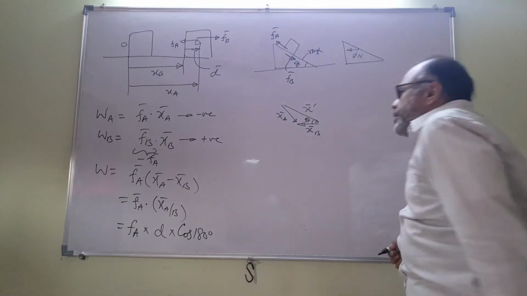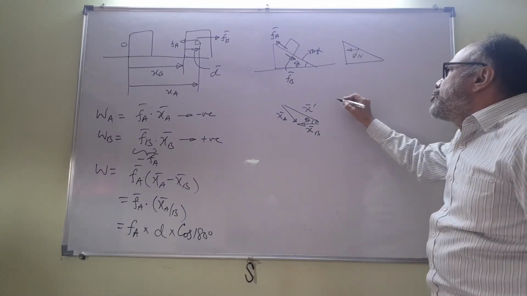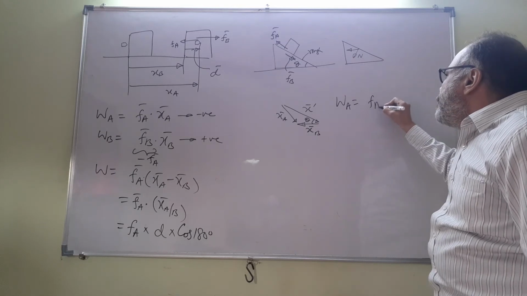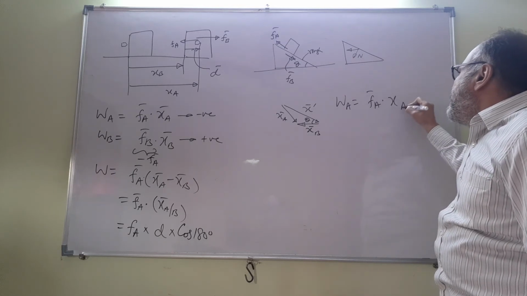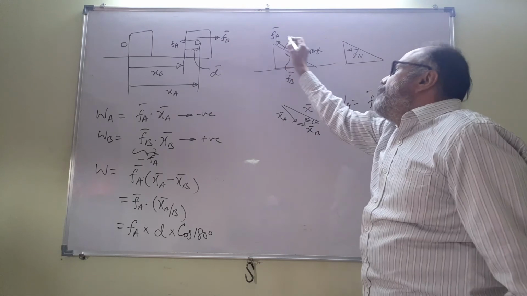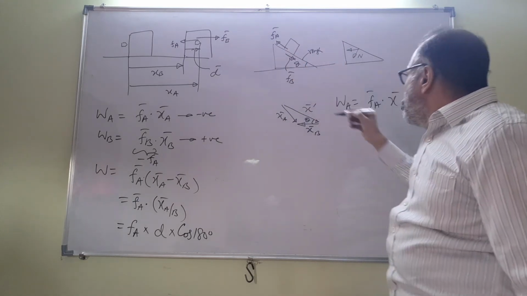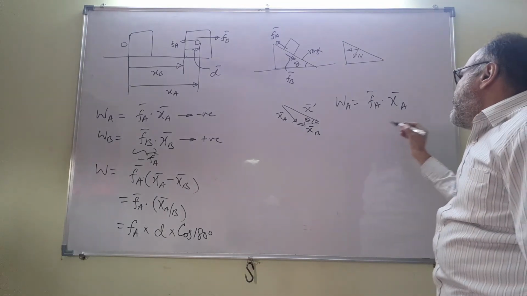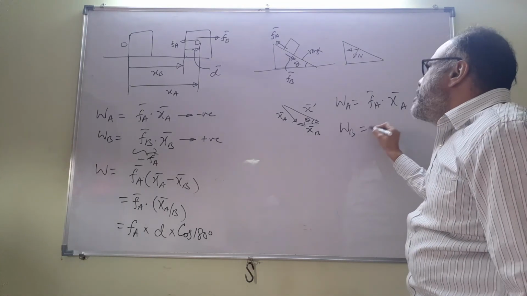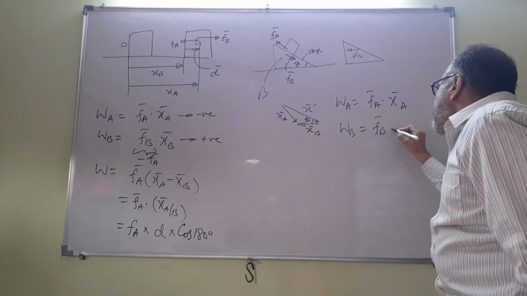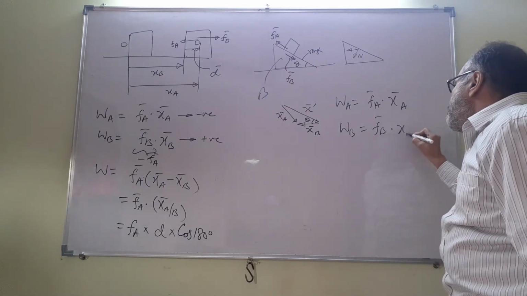So let us now again calculate the work done by the frictional forces. Work done on A would be FA dot XA, where XA is the absolute displacement of the block. Work done on the wedge would be FB dot XB.